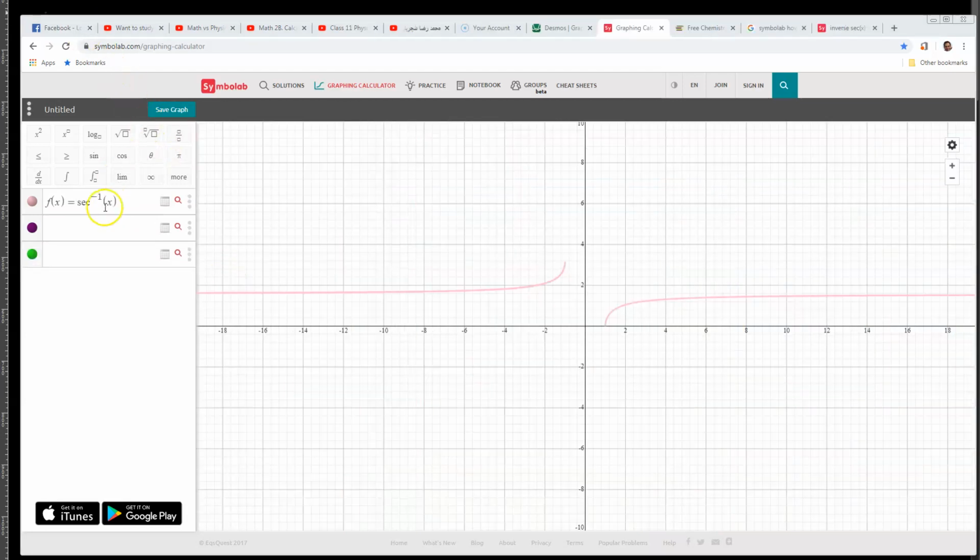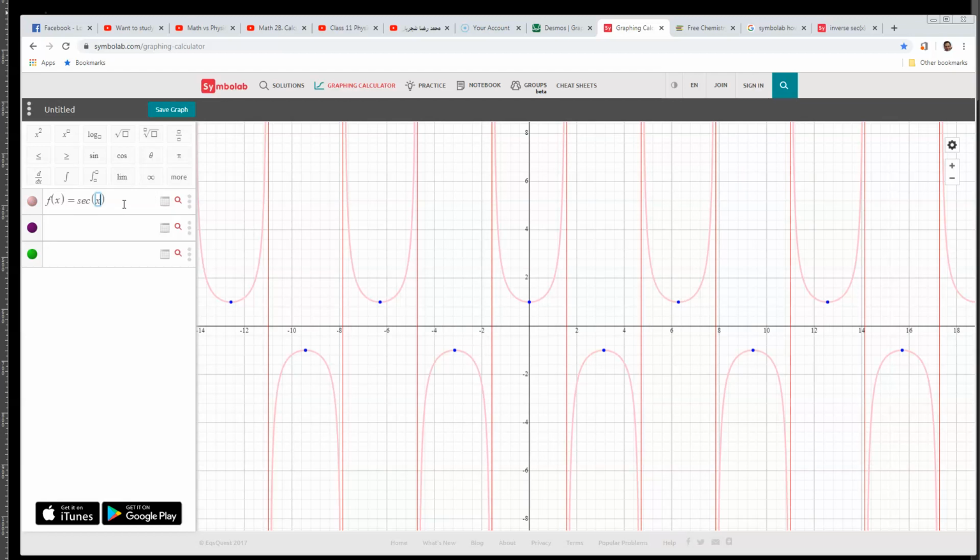Well, it seems that in this calculator, although I didn't see it anywhere on the internet, I didn't do much search or research, you have to enter secant x, for example. If you enter f of x is equal to secant x, then it will give you the graph of the secant function.